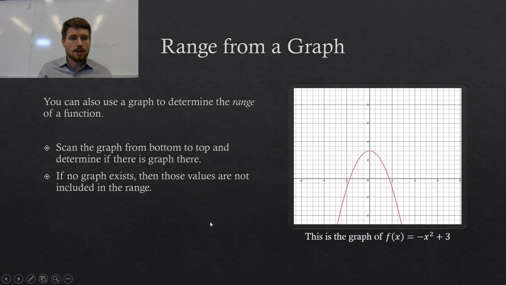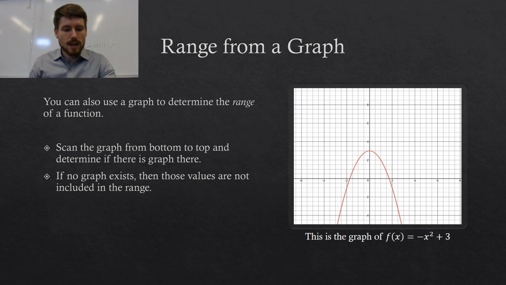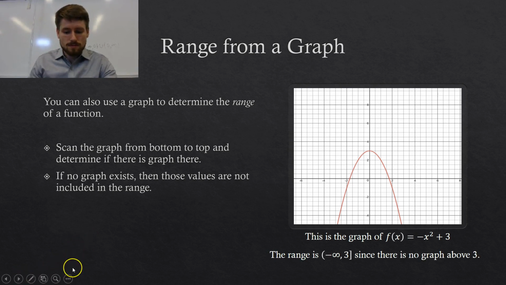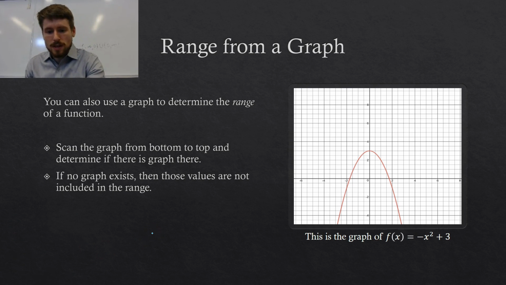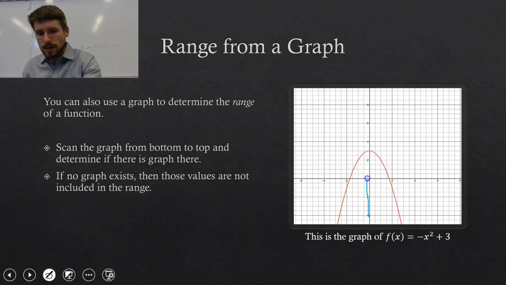So let's take a look at a graph. This is the graph of f of x equals negative x squared plus 3. And so let's try to scan this from bottom to top. So we do have graph as we go up. As we go up, we get graph, and then we stop right at 3.